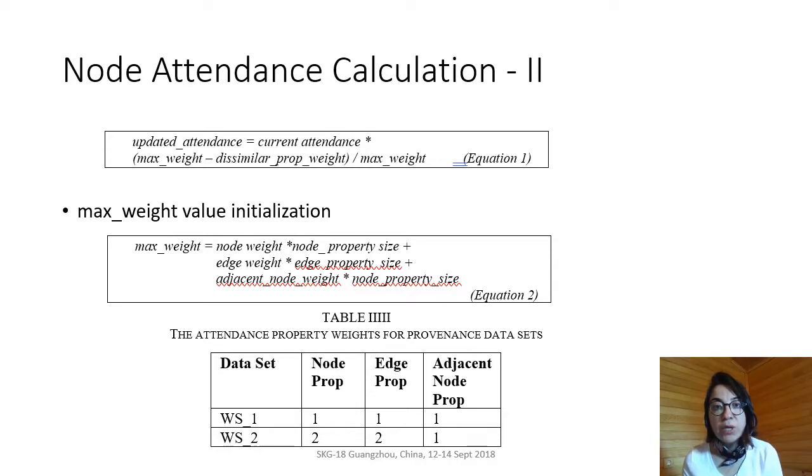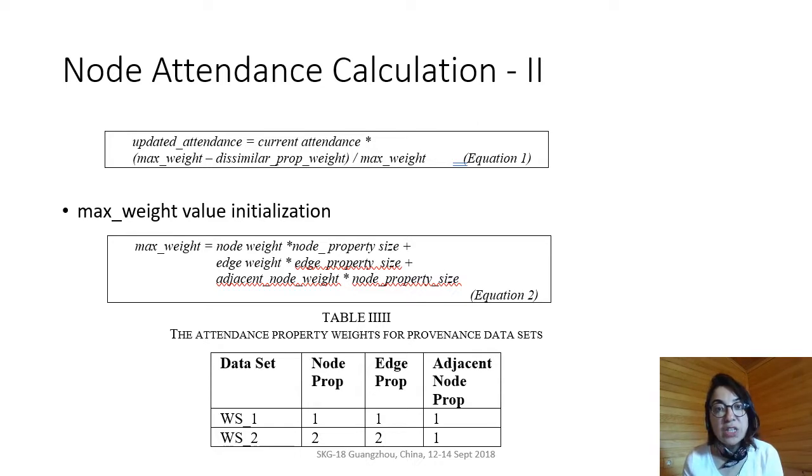As shown in equation 2, we first calculate the max weight value for node comparison using the weight values explained in table 3, in order to use it as a normalization value in equation 1. For total weight calculation, we get the full node property set and edge property set sizes of the compared node pair.